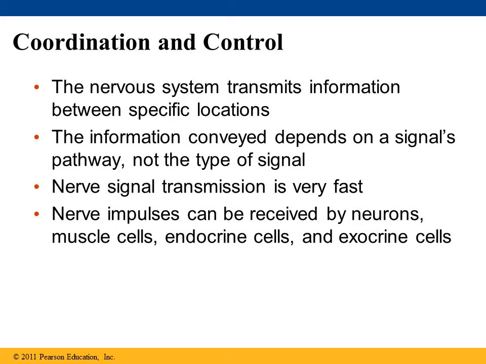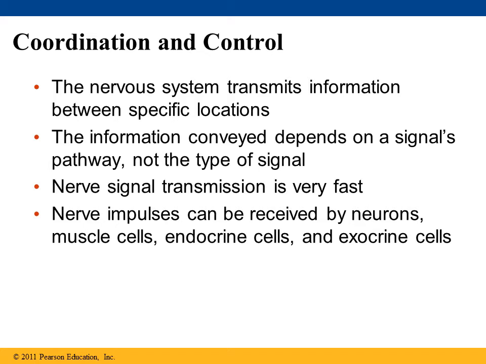Now, the nervous system transmits information between specific locations. The information conveyed depends on the signal pathway and not on the type of signal. Nerve signal transmission is very, very fast.